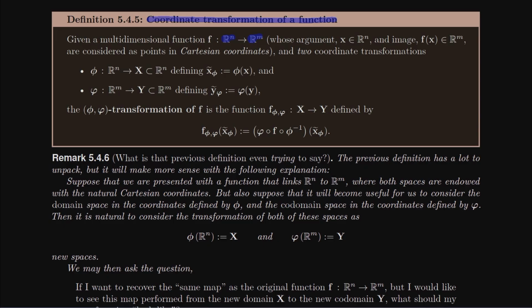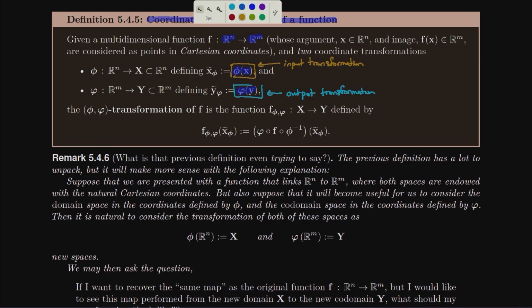We're actually allowed to perform 2 different coordinate transformations every time we transform a function. So one of those coordinate transformations is going to happen on the input. I'll call this the input transformation. And then one of those coordinate transformations is going to happen on the output, and I'll call this one the output transformation. And they're definitely allowed to be 2 different transformations. Right?